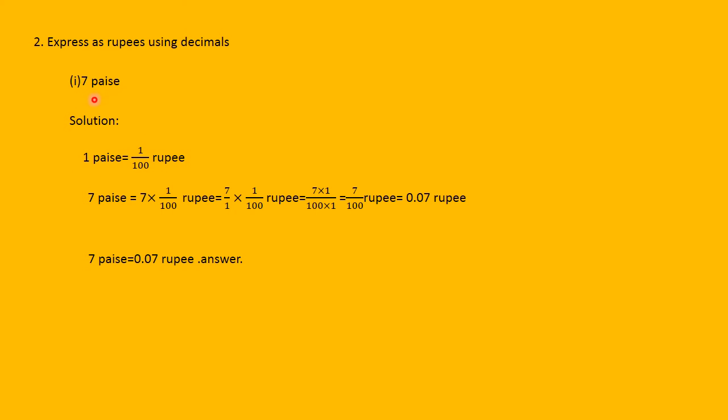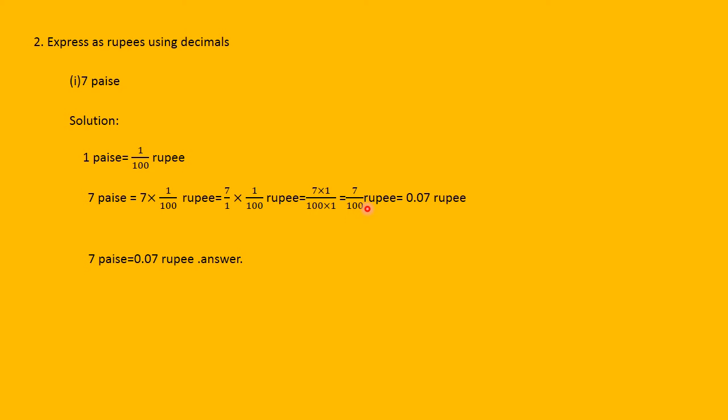So 7 paise is equal to 7 into 1 upon 100. 7 means what? 7 upon 1. When there is nothing in the denominator, we will treat it as 1. So 7 upon 1 into 1 upon 100 is equal to 7 into 1, numerator into numerator, denominator into denominator. 7 ones are 7, 100 ones are 100, so 7 upon 100.